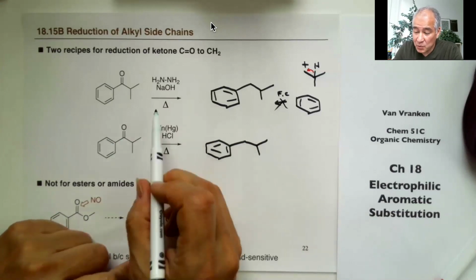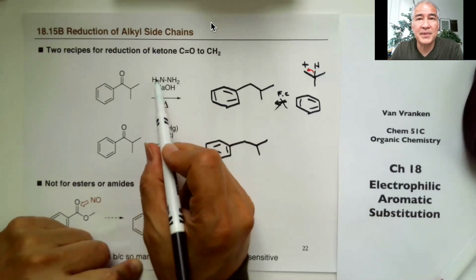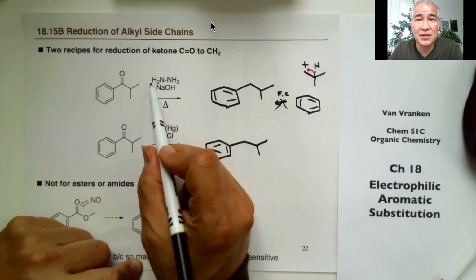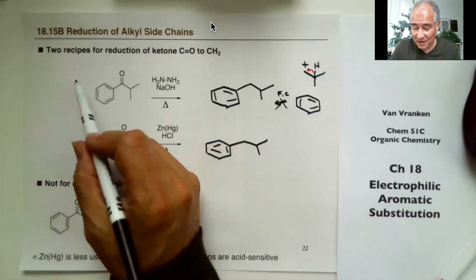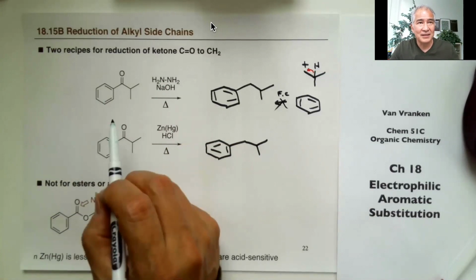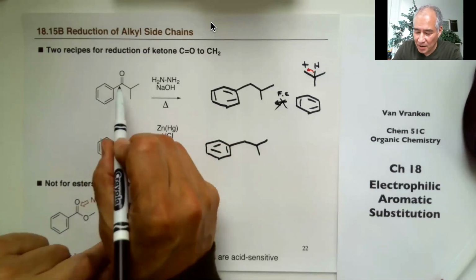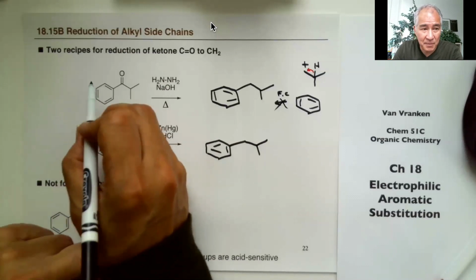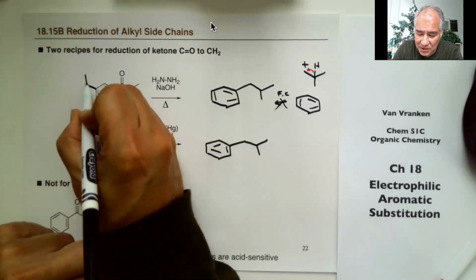Okay, why would you choose one over the other? If you had a base-sensitive functional group, maybe something that was sensitive to E2 elimination, don't use these top conditions. Because if you've got some other functional group on your molecule that's sensitive to E2 elimination, then you're going to have to worry about that. Where this would be valuable is just suppose that you had a substrate where you were worried about an SN1 reaction.